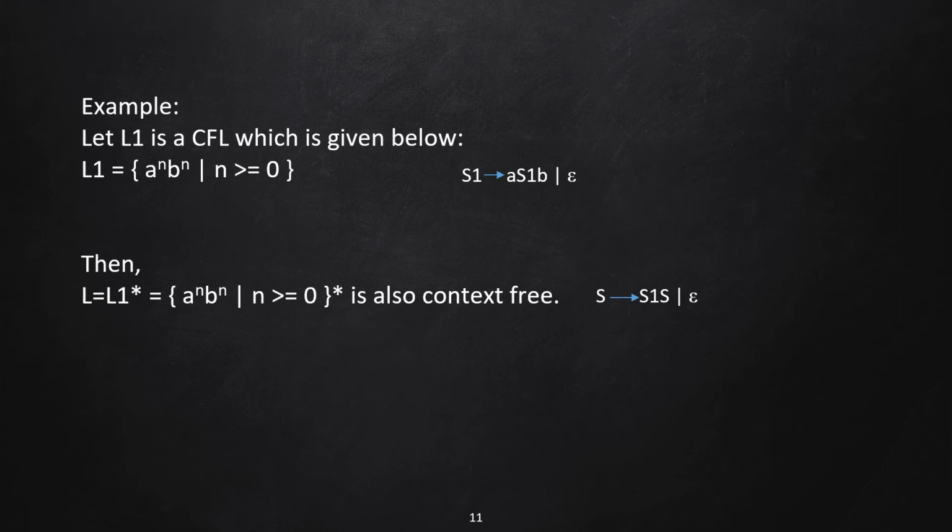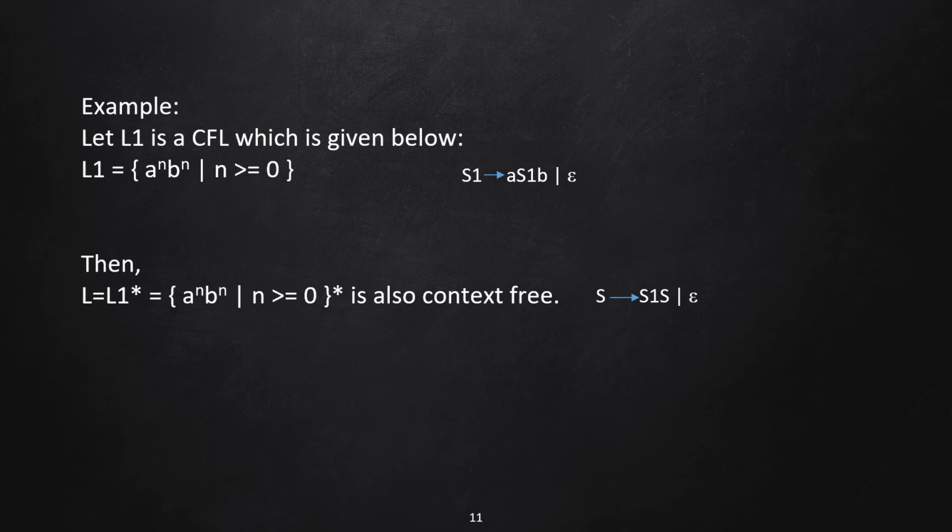Then the Kleene closure of L1, also denoted as L, is (a^n b^n, n ≥ 0) whole power star. Here star indicates that the language can repeat any number of times. Here L is also context-free. The corresponding grammar for L contains all the productions of L1 along with the new production S → S1 S or ε. Till now we have seen all the properties under which context-free languages are closed.